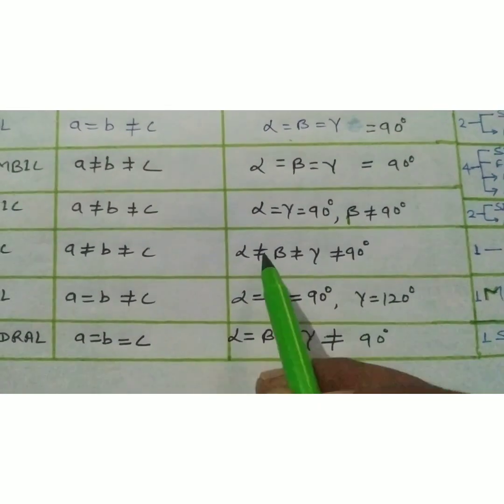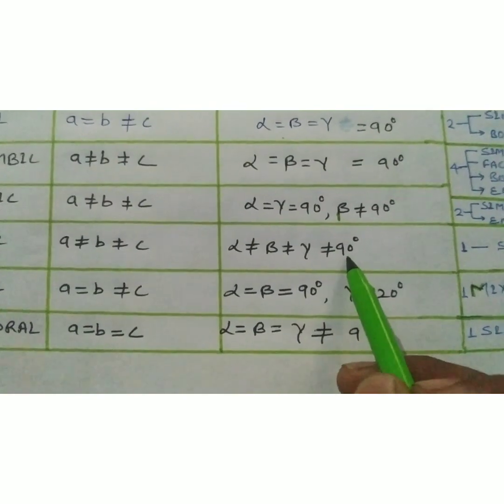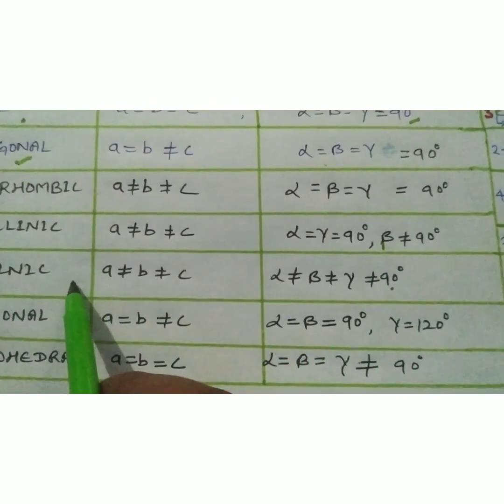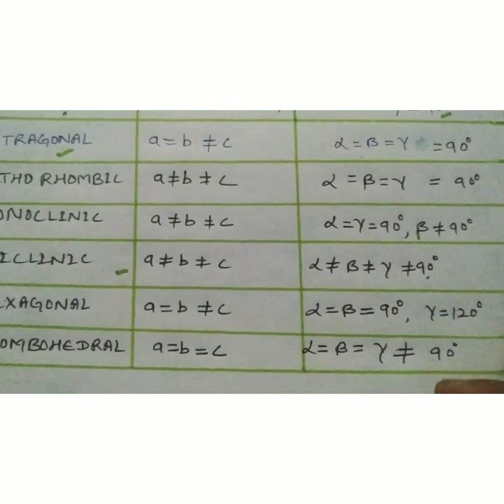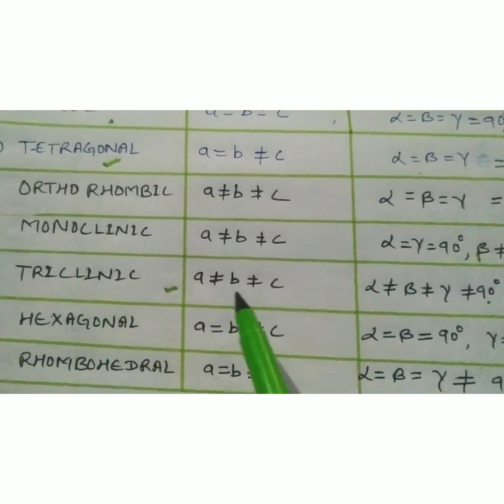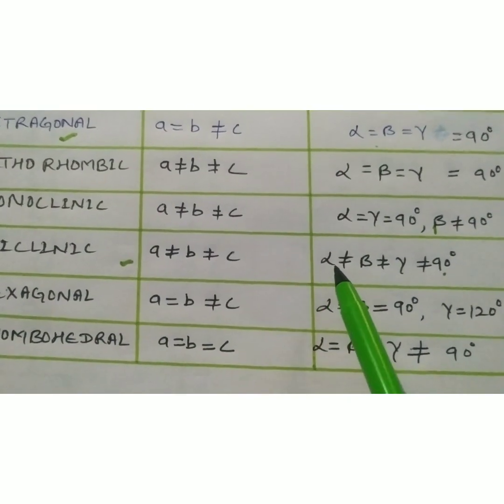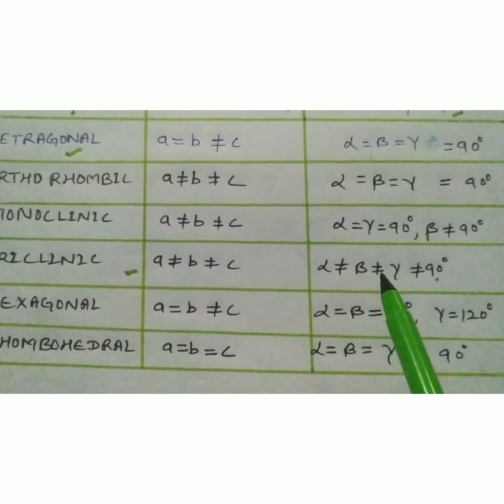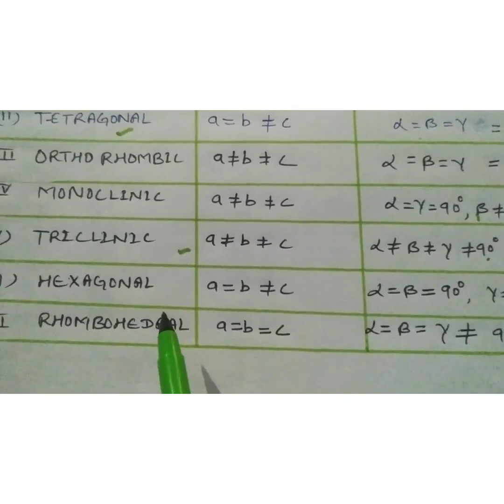Clear? So this triclinic unit cell is more unsymmetric. This is the more unsymmetric unit cell. Clear?